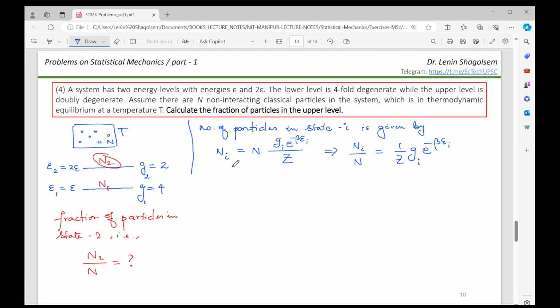Okay, so this leads us to the calculation of the partition function as well as this factor. So let's just put it.